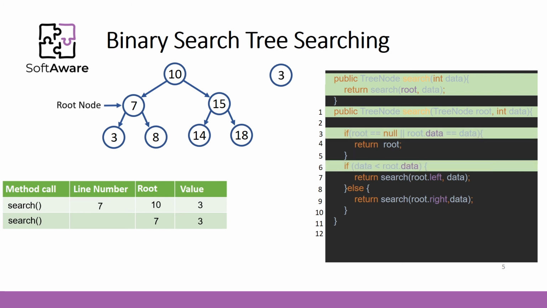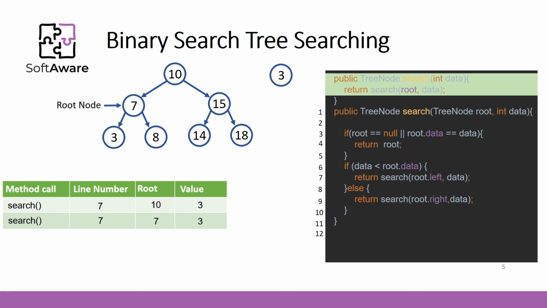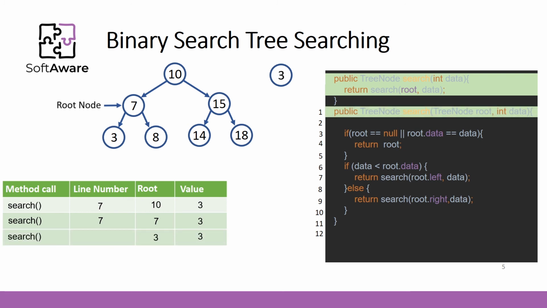At the second if statement, we check if data is smaller than the root's data. As 3 is smaller than 7, the if statement will be executed and we will have another recursive call. Again, our new root is the current root's left node, which is 3. So at the next method call, our root is now 3 and the value is 3.